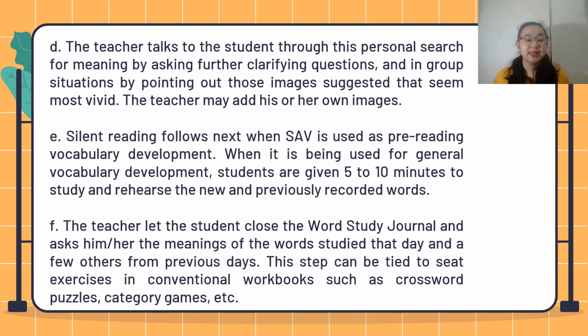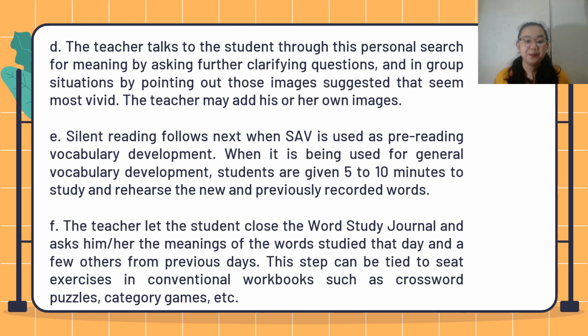Silent reading follows next when SAV is used as a pre-reading vocabulary development. When it is being used for general vocabulary development, students are given 5 to 10 minutes to study and rehearse the new and previously recorded words.